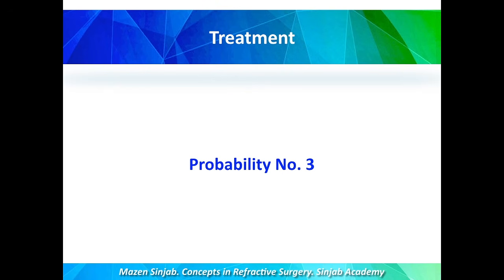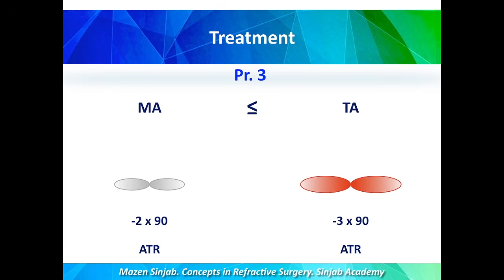Probability number 3. In this probability, which is not uncommon, the manifest astigmatism and the topographic astigmatism are against the rule, but the amount of manifest is less than or equals to the amount of topographic astigmatism, as in this example. Now we have only one option.